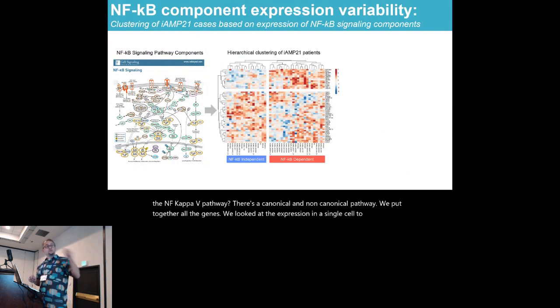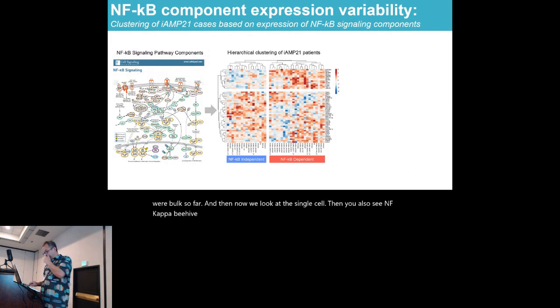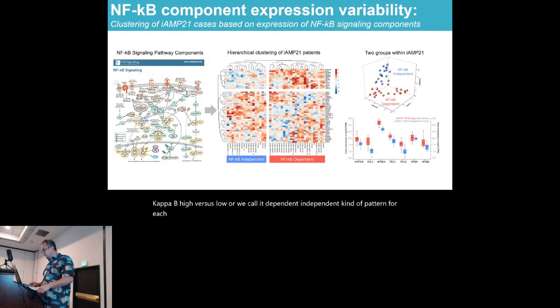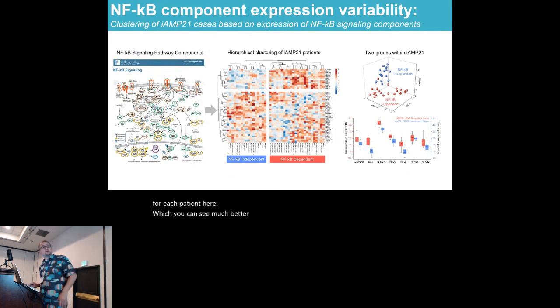So all the results were bulk so far, and now we look at the single cell. Then you also see an NF-kappa B high versus low, or we call it dependent, independent, kind of pattern for each patient here, which you can see much better with a UMAP or PCA type of dimensionality reduction analysis.